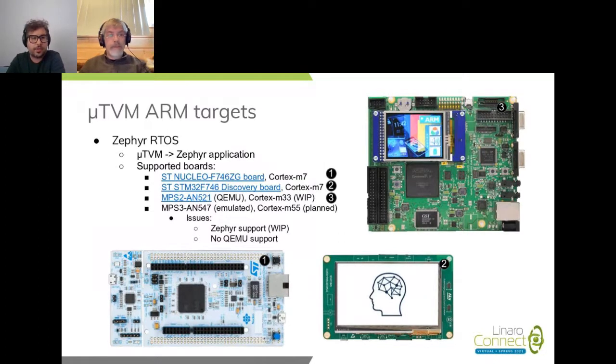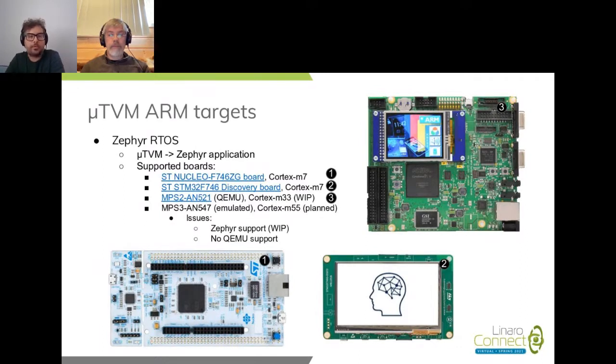And this is quite an interesting board because it is actually an FPGA board. One can download a standard FPGA image from ARM and flash it into that board, and it will provide exactly the same specification found in the AN521 application note.